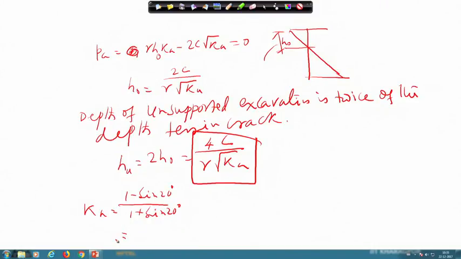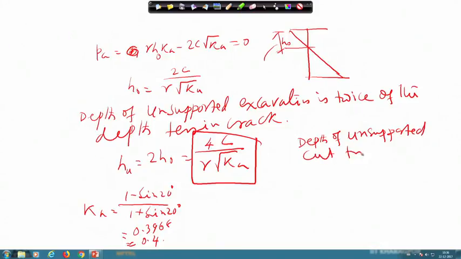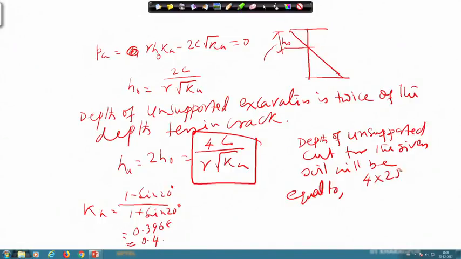That gives you the value 0.3968, approximately 0.4. So the depth of unsupported cut for the given soil will be equal to 4c, which is 25, divided by gamma, which is 18, under root 0.4.